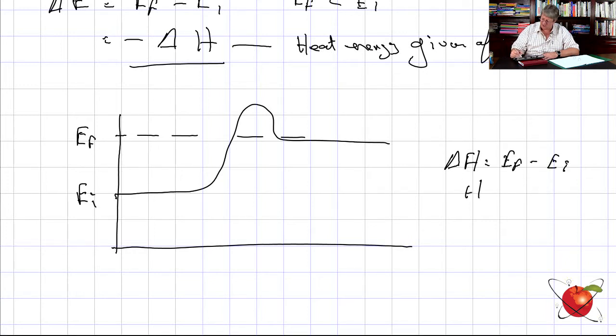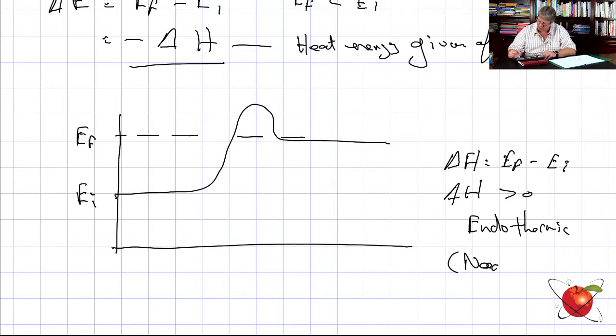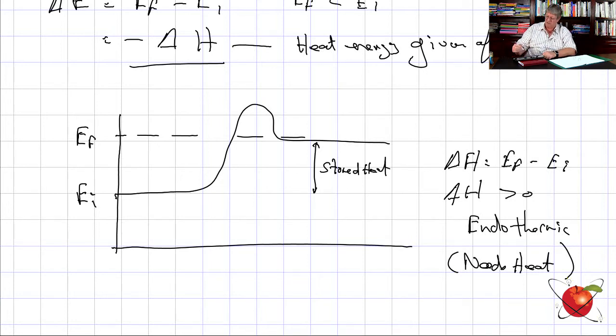And delta H in this case is greater than 0, which means it's endothermic. And remember, an endothermic reaction needs heat. Okay? It asks for heat. It is, in fact, if you like, stored heat in the reaction, isn't it?